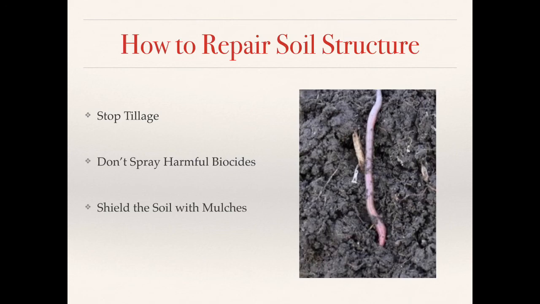So, for example, if you have bare soil and a 2-inch rain event comes through, like a thunderstorm, the actual force of the water impounding on the soil is going to have an effect not as extreme as tillage, not as pronounced, but very similar. It's going to compact the soil.